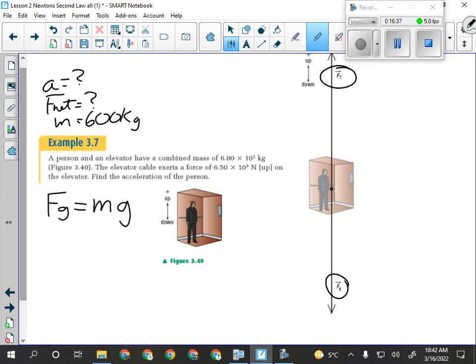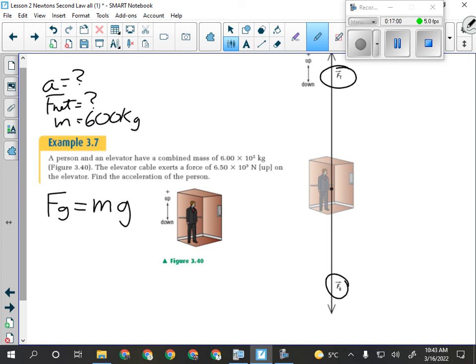Okay. Is there more than one way to get F net? Can I get F net using the sum of all forces? I can, because they tell me the elevator cable is exerting a force of 6,500 newtons up.